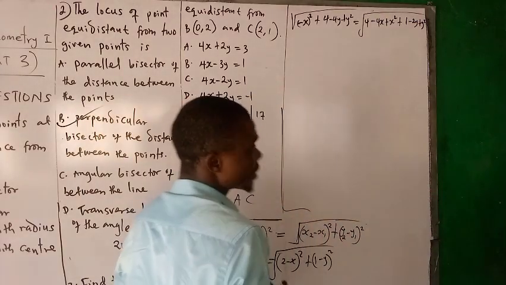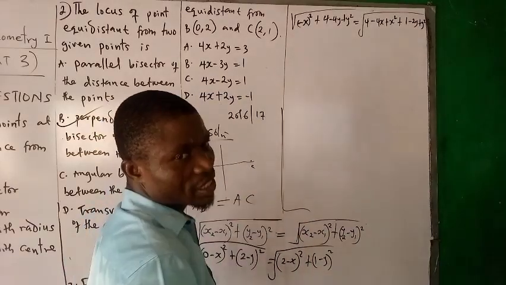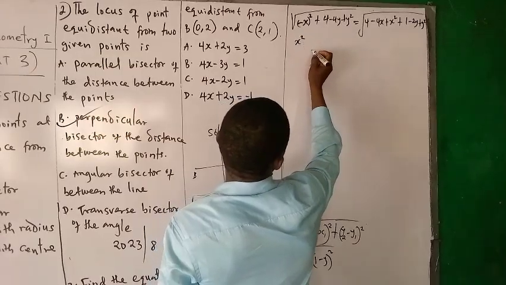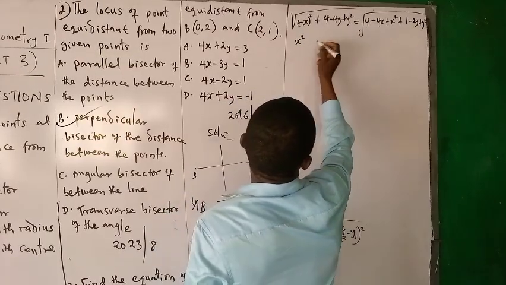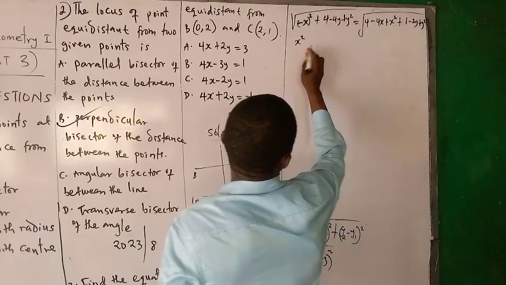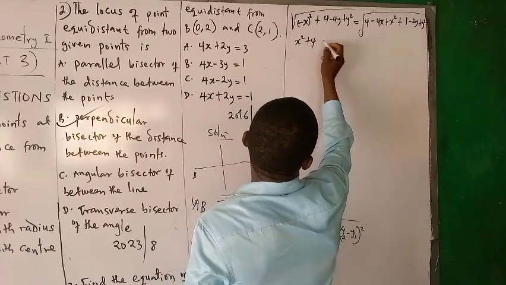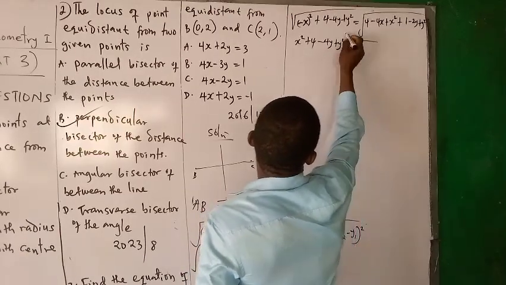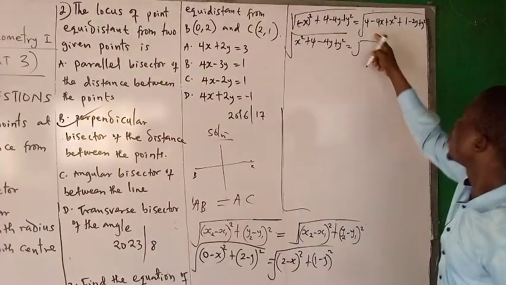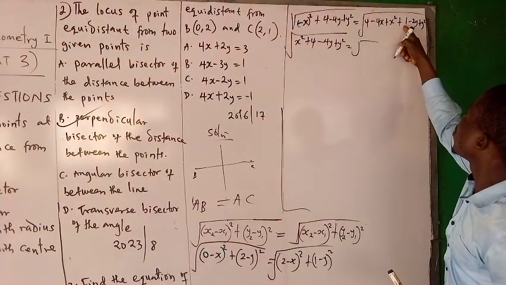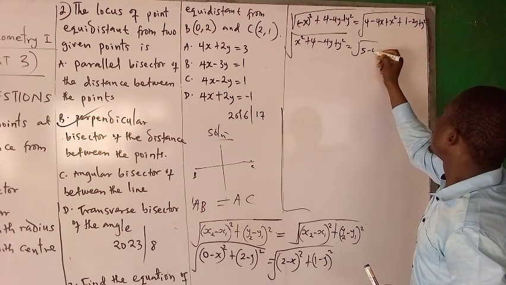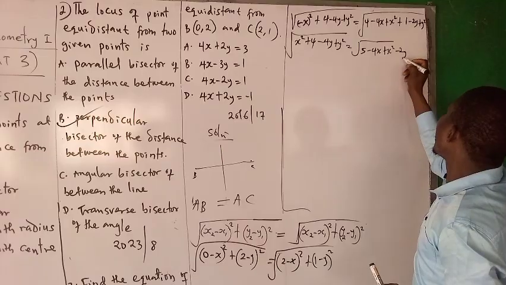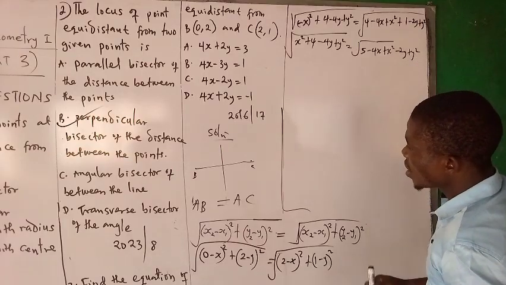So now we say minus x times minus x will still give you x squared. So we have x squared, then plus 4 minus 4y plus y squared equal to the square root of, remember all of the square root, 1 plus 4 is 5, minus 4x plus x squared minus 2y plus y squared, right?